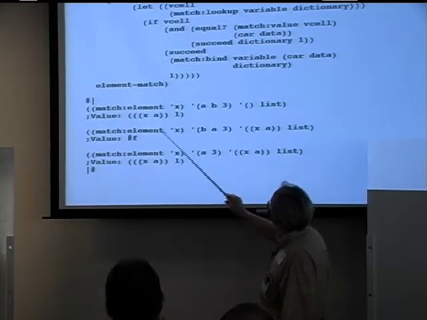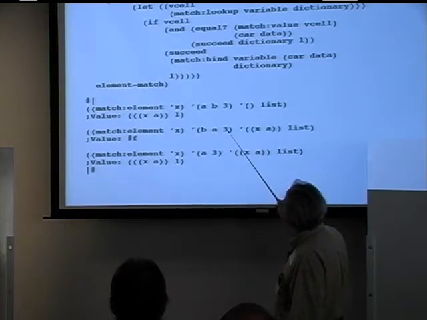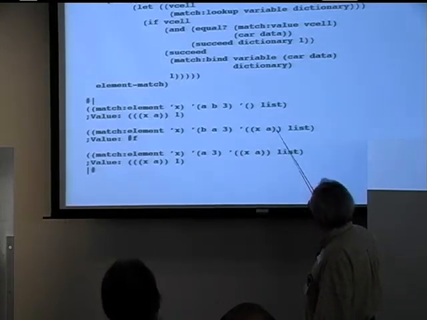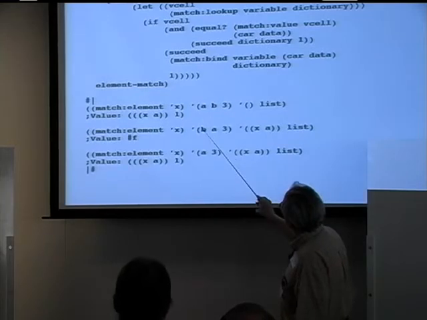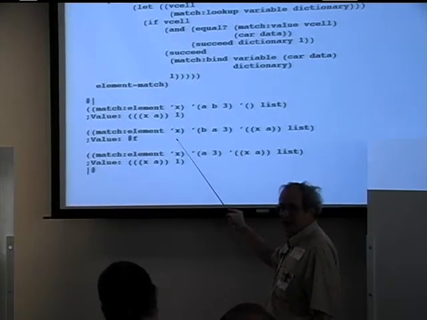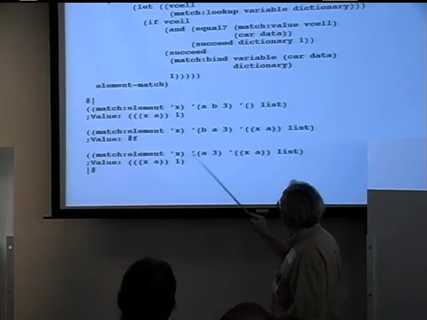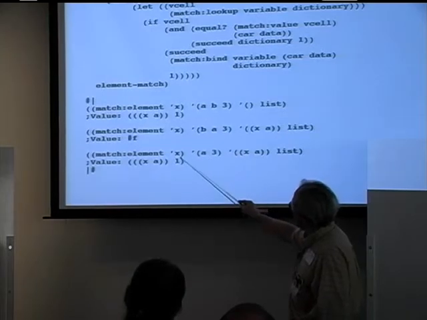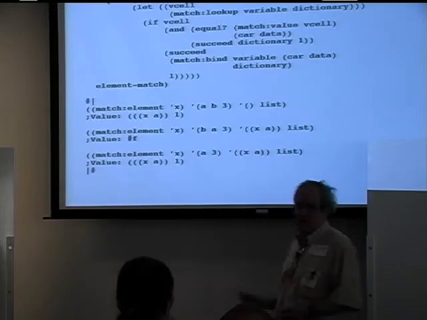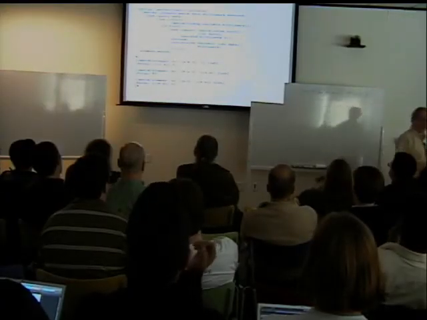However, if I then continue saying match the element x again to b, a, 3 with the dictionary I just obtained, I get a false because the b is not equal to the a stored in the dictionary for the value x. Finally, if I say I'm going to match this variable x against a, 3 with that dictionary, that does succeed and does not change the dictionary. Just showing you the simple versions first of things.